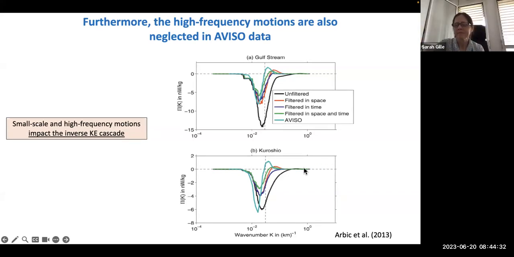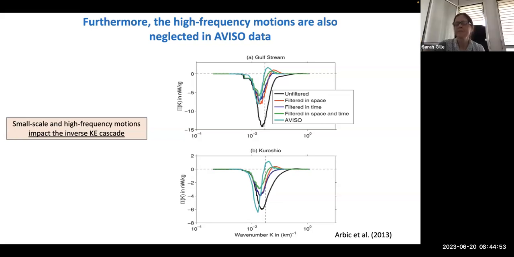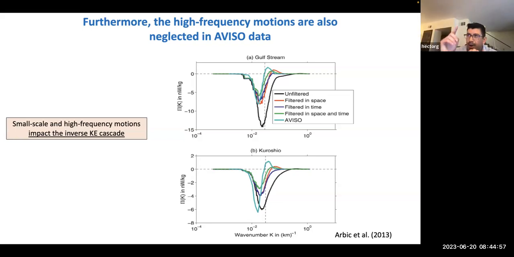On the other hand, if you take into account only the ageostrophic component, you are going to get the forward energy cascade. So that's one of the advantages of ODYSEA: we think we can have a healthier direct energy cascade compared with SWOT and conventional altimeters, of course. So this is one of the analyses that's also on my list.